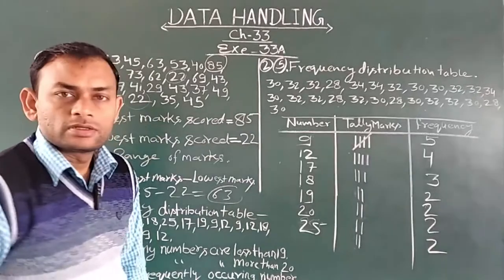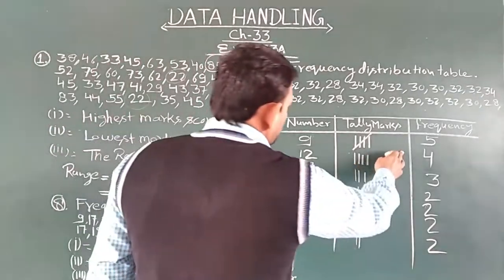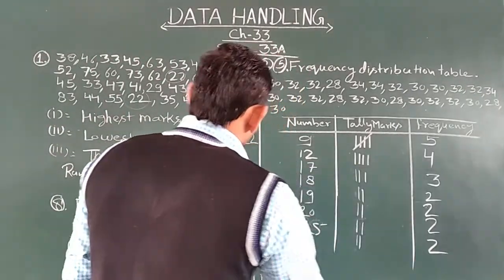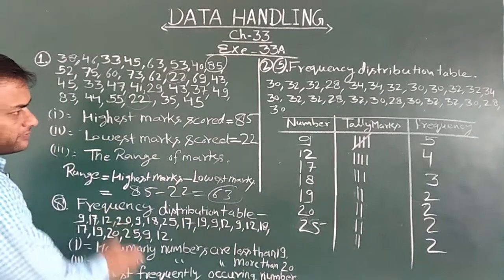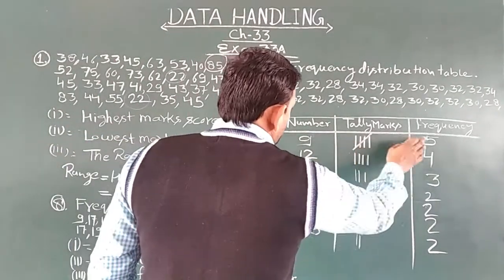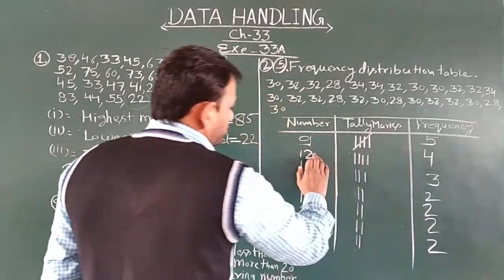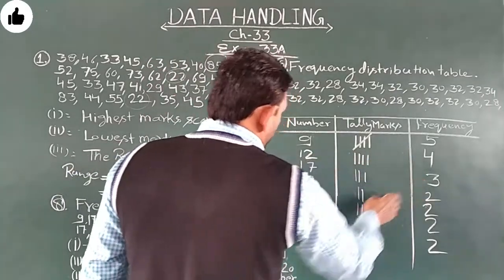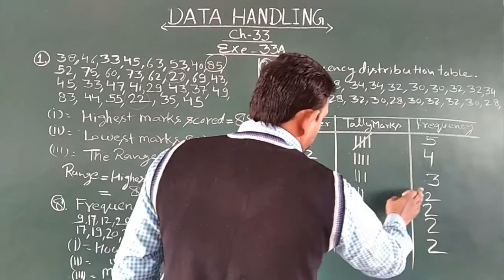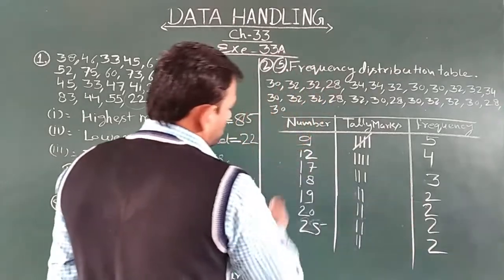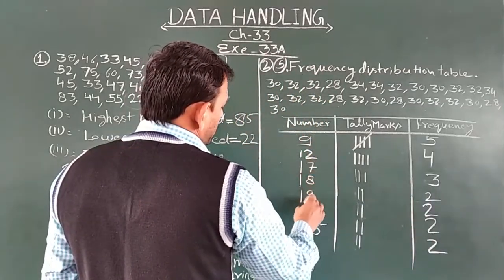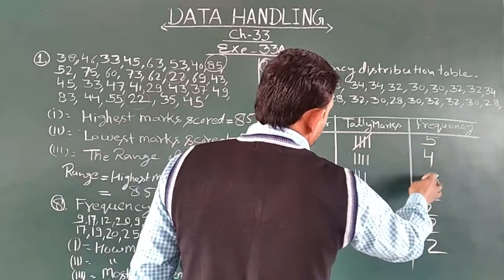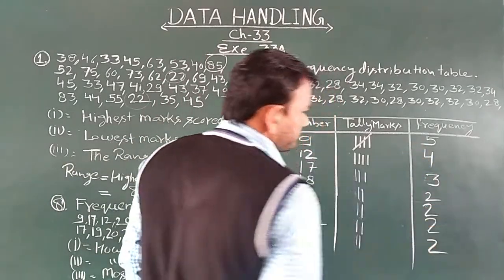Got it? So this is the frequency table of the given data. The frequency of 9 is 5, the frequency of 12 is 4, the frequency of 17 is 3, and the frequency of the rest of the numbers is 2. There are 7 numbers in total.